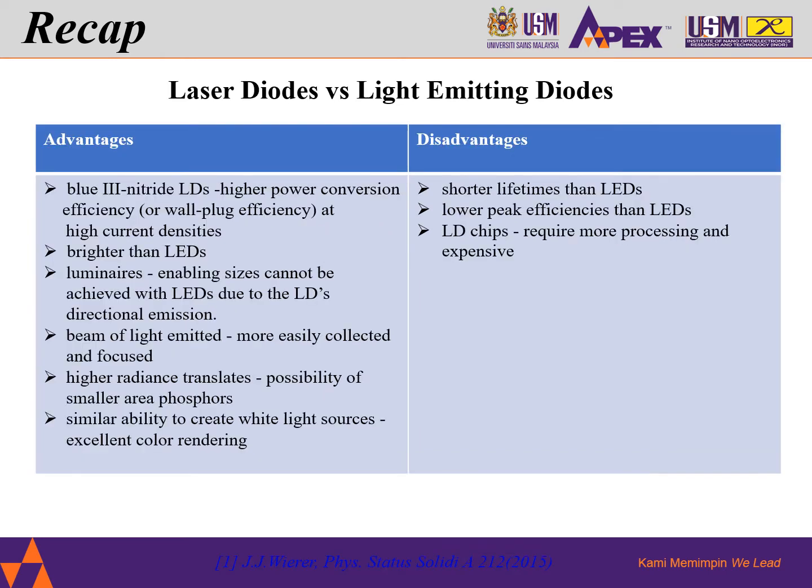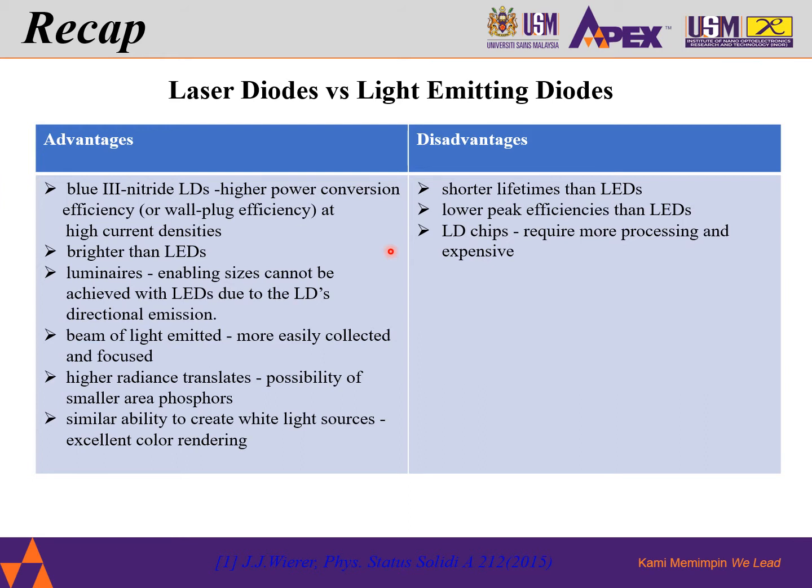The advantage of LD is that the blue III-nitride LD has a higher power conversion efficiency, or WPE, at a very high current density. It is much brighter than LEDs. The advantages for luminaires: this enables sizing that cannot be achieved with LED due to the Lambertian emission of LEDs.